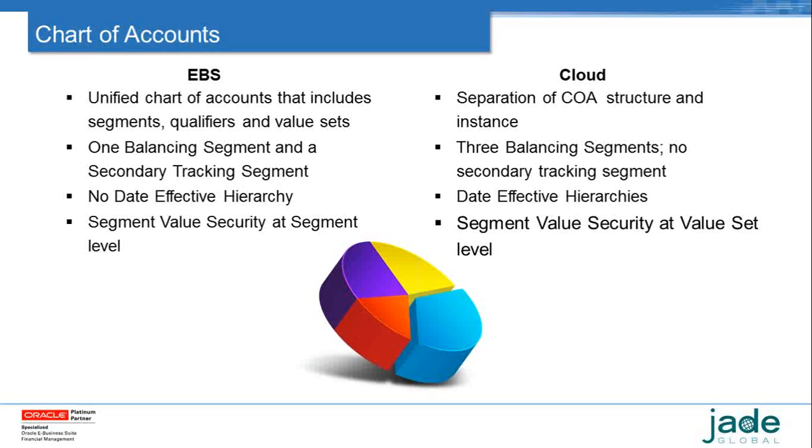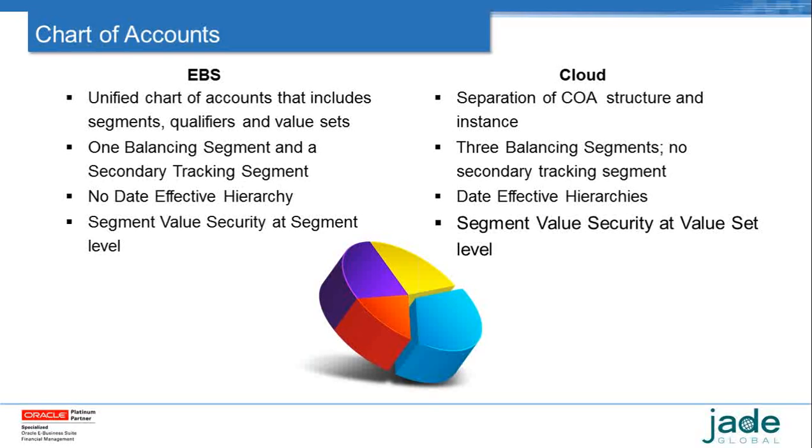The chart of accounts structure defines the key attributes for your chart of accounts, such as the number of segments, the segment sequence, the segment name, the segment type, the segment label, and the default value set. A chart of accounts structure can be shared across different chart of accounts structure instances. Also, the chart of accounts structure instance is the chart of accounts available in the user interface and processes.